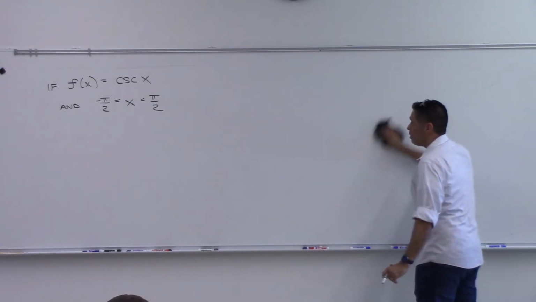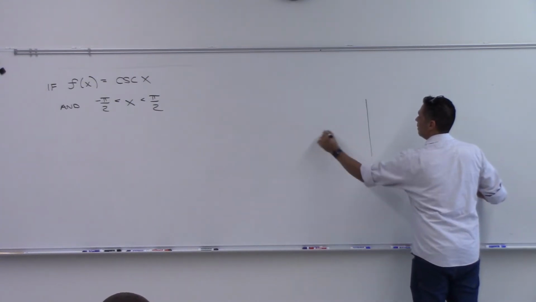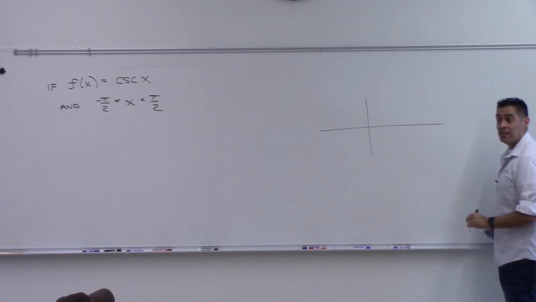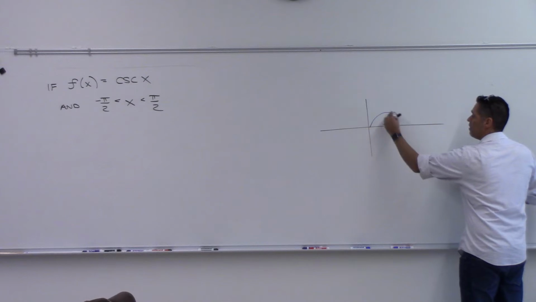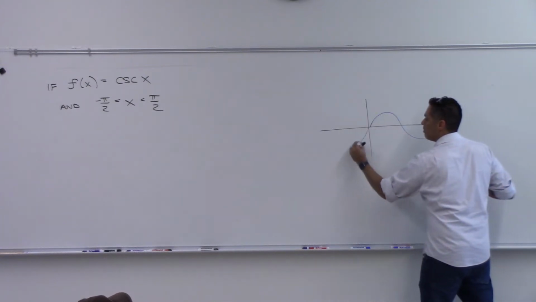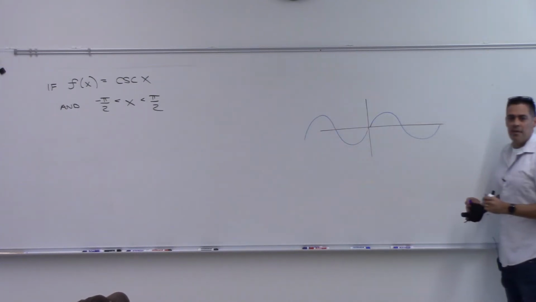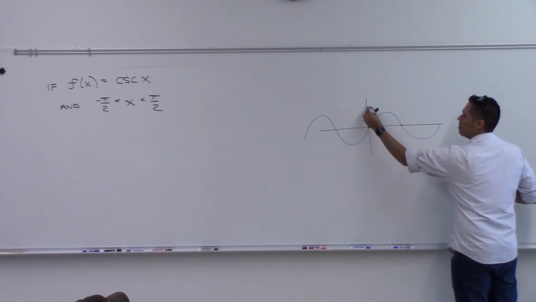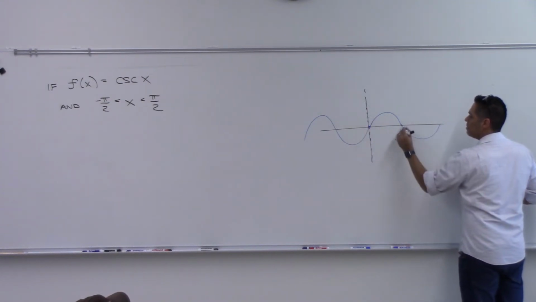Do y'all remember how to draw a cosecant? I hope you do. How do we draw a cosecant? We start by drawing sine, right? We draw sine first. Let's go backwards as well. And then everywhere it hits the x-axis is a vertical asymptote, like this.